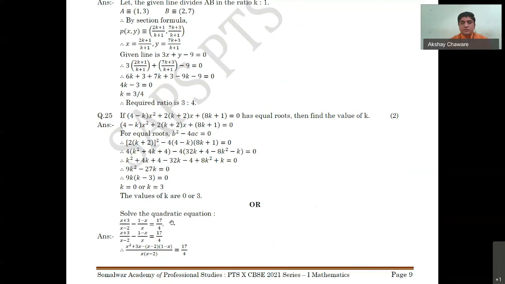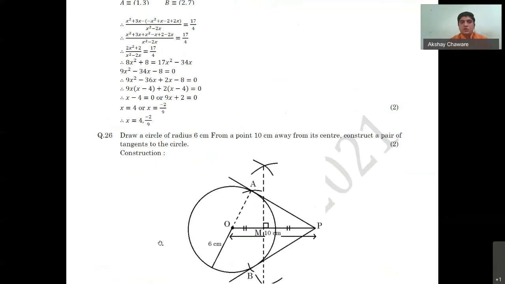Another equation is given. Solve the following quadratic equation. Two ratios are given in the LHS, (x plus 3) upon (x minus 2) minus (1 minus x) upon x equal to 17 by 4. If we cross multiply it, then we will get one quadratic equation, and that quadratic equation is 9x square minus 34x minus 8 equal to 0.